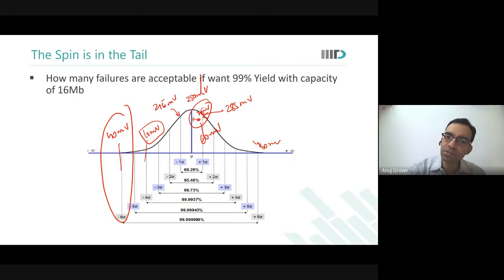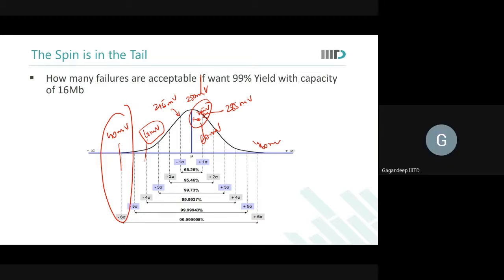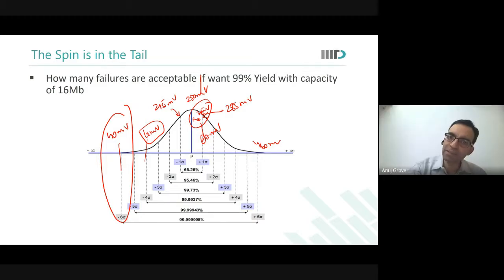Are you able to see this? If the sigma increases, then even at 4 sigma, I have only 10 millivolts of SNM. However, if the sigma reduces to, let us say, 10, then even at -6 sigma, I have 190 millivolts of SNM.